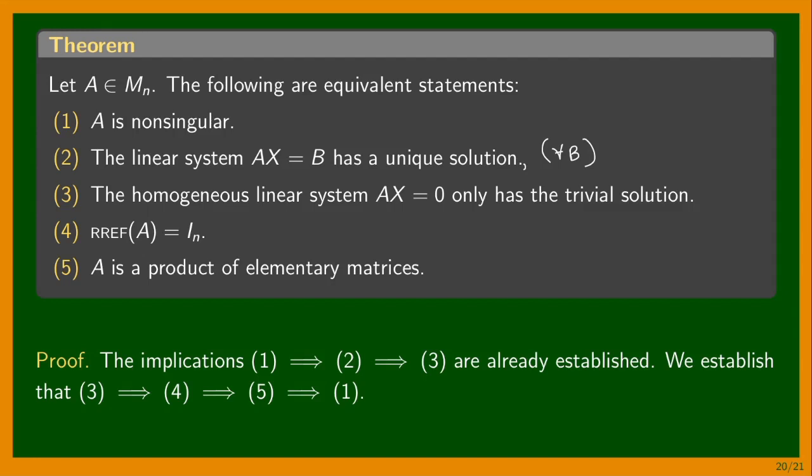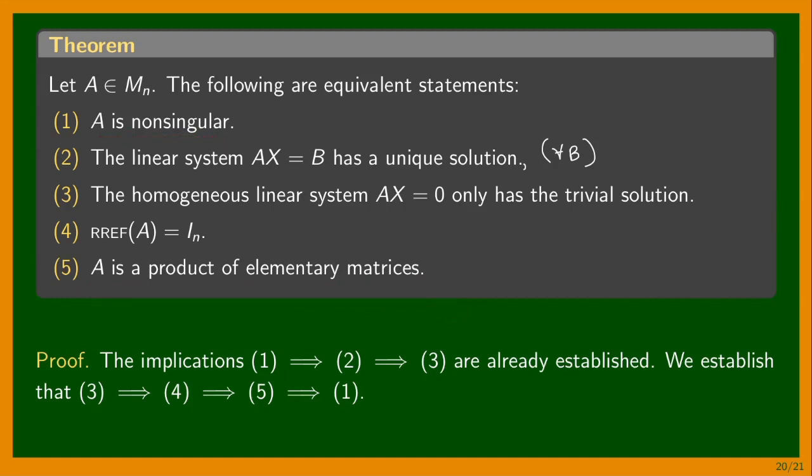So what we are after in this theorem, in the proof, is to prove that 3 actually implies 4. If this is true, then the RREF of A is I_n. If this is true, then A is a product of elementary matrices. And if this is true, A is non-singular.